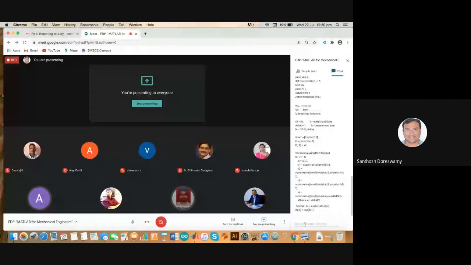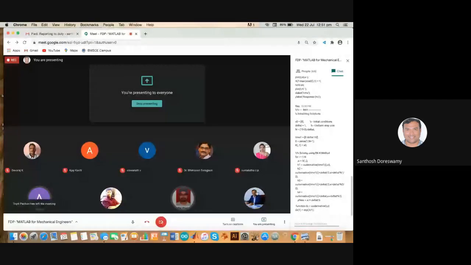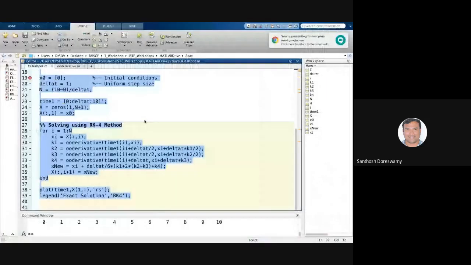If you execute this main script with the function file, you will end up evaluating the data points from the exact solution and your RK4 method to successively estimate the slopes.